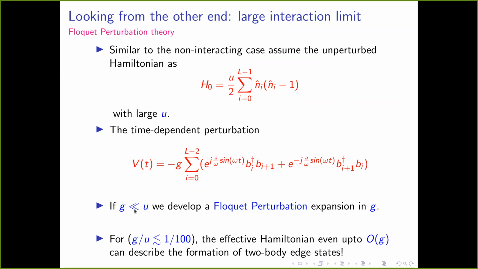And if G is much less than U, we can develop a Floquet perturbation expansion in G. And what we found is that for G by U of the order of 100, even an effective Hamiltonian of order G can explain the formation of two-body edge states.